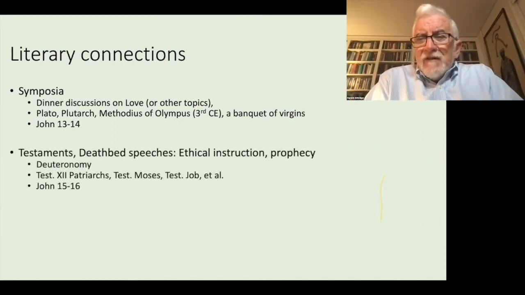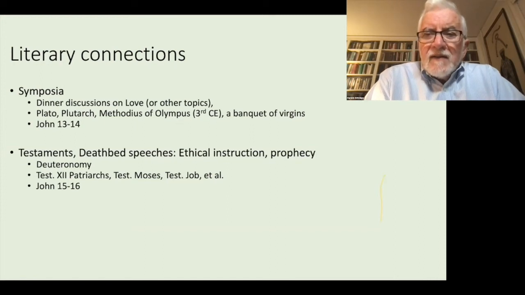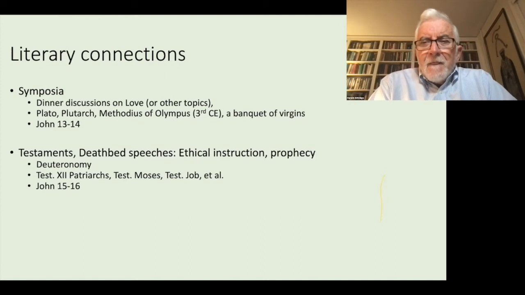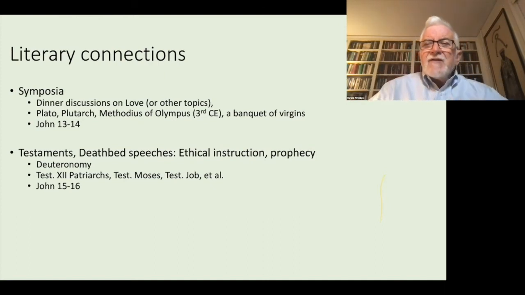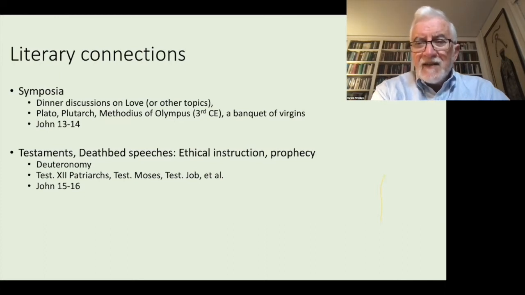Another literary form that John is calling upon and using here is the form of a testament. That is what someone says just before he or she departs from life. And some of the same plays on temporal categories that we find in the Last Supper discourse here are also found in testaments. Deuteronomy is in some ways a testament, and the form of testament became very widespread in Jewish literature of the Second Temple period.